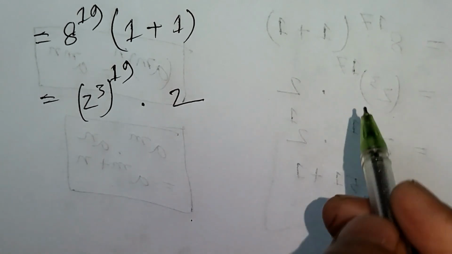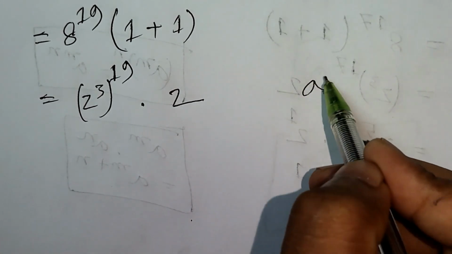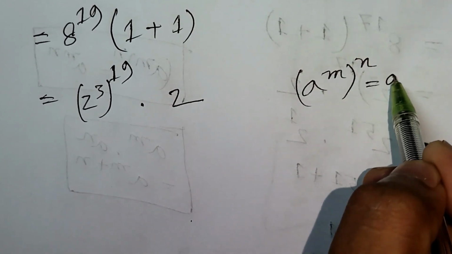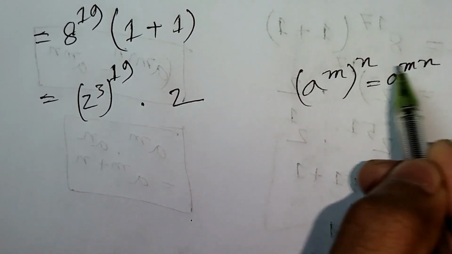Here we can apply this exponential rule that (a^m)^n is equal to a^(mn).